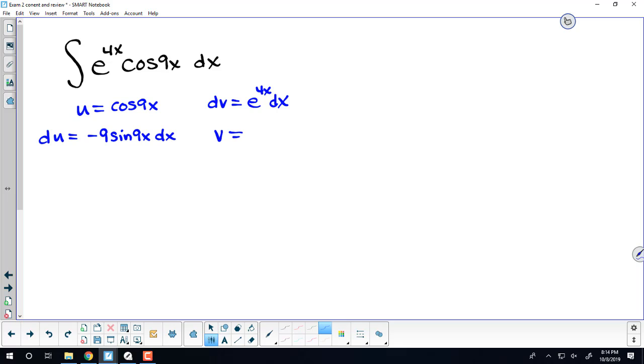And v, the antiderivative of dv, so then you got these constants like 9/4 floating around.